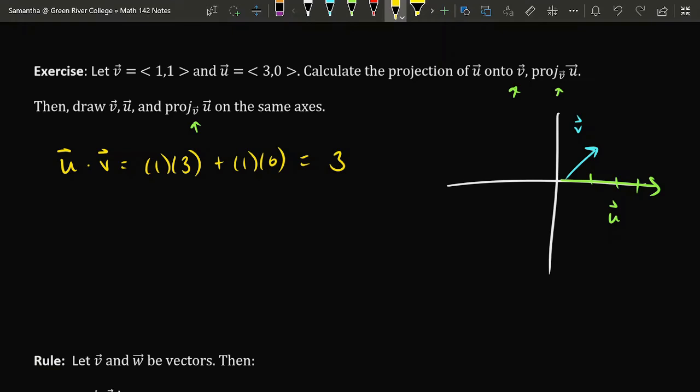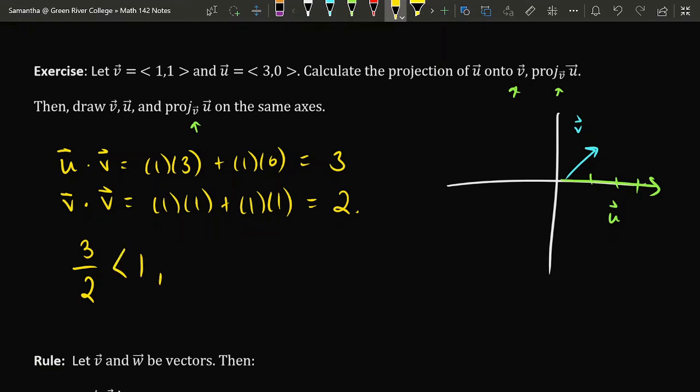However, because I am projecting onto v this time, I need to calculate the dot product of v with itself. Onto v, so v dot v, which is equal to 1 times 1 plus 1 times 1, which is equal to 2. Because I am projecting onto the vector v, I'm going to take the number 3 over 2 and use it to scale v.